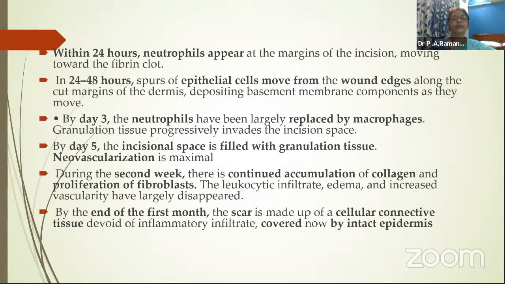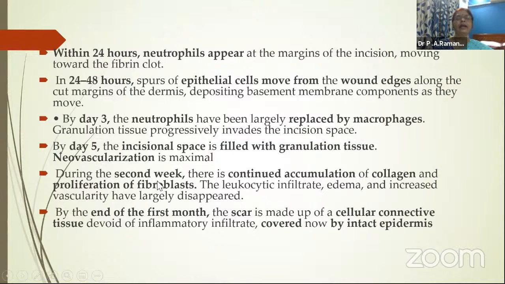Next, after sealing of the wound with fibrin clot, epithelial cells move from both the edges, depositing basal membrane components. By day 3, macrophages will come. Macrophages stimulate fibroblasts. Granulation tissue is found by day 5.